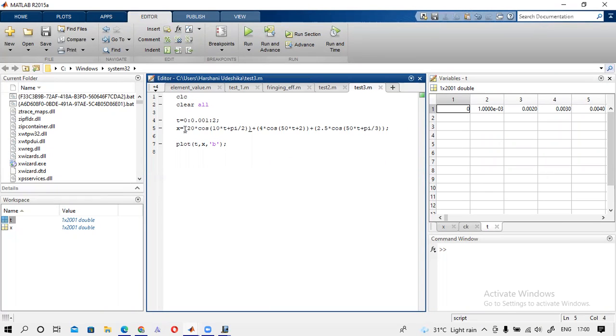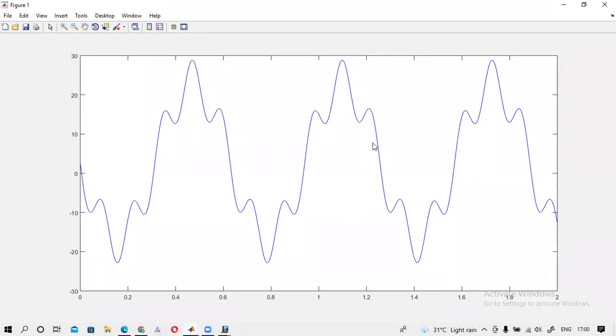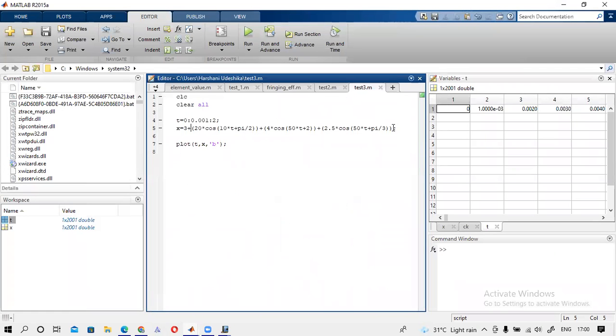So let's take another DC value here. Let's add another DC component and see what happens. Same signal, but the DC shifted. But it is still not a sinusoidal signal. If you add more components, let's add another signal.